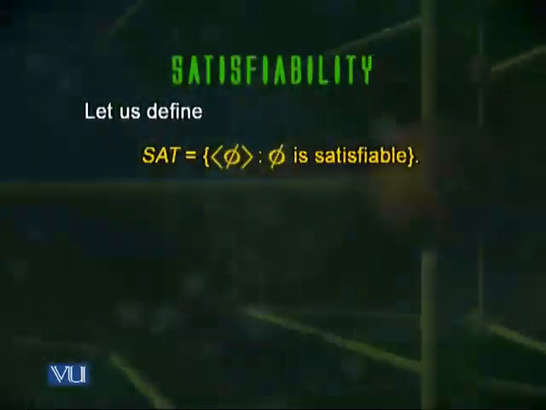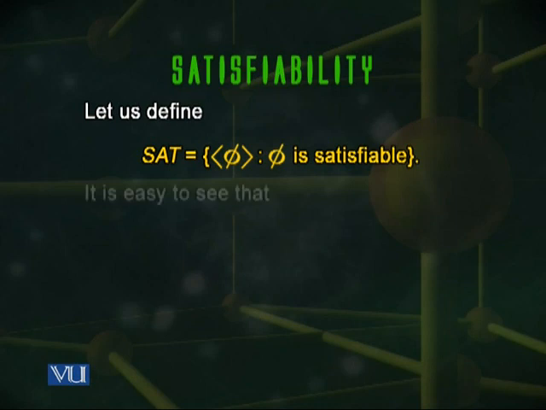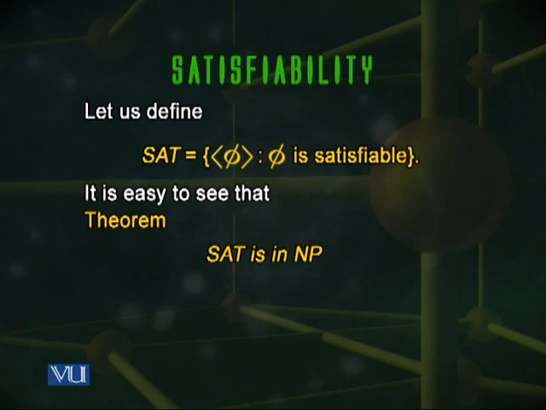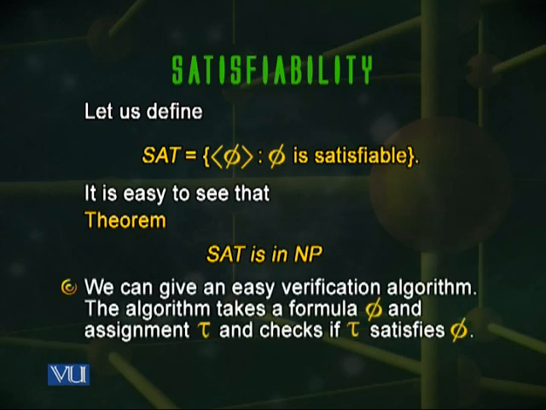Now we'll make a problem or a language out of our definition. Let us define SAT, or satisfiability, to be the encodings of all those formulas phi which are satisfiable. It is extremely easy to see that SAT is in NP. Well, we can give an easy verification algorithm.